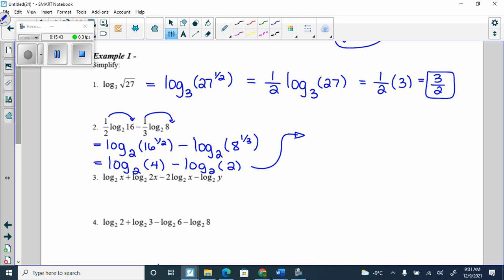Then I can put them together because they have ones in front and base 2. So I get log base 2. The 4 goes in the numerator because there's a plus 1 in front, and the 2 goes in the denominator because there's a minus 1 in front. So I get log base 2 of 2, which is 1.